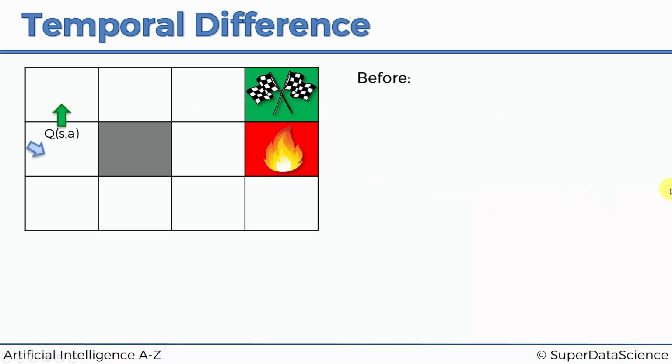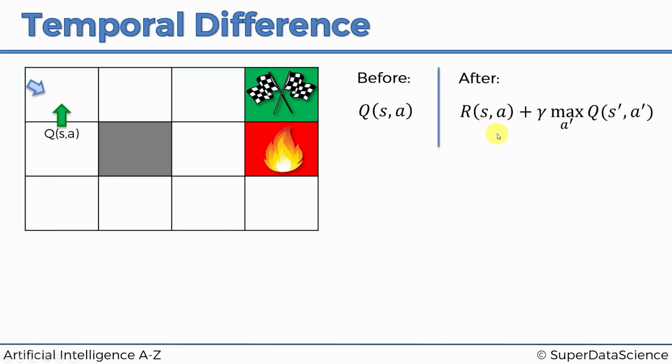So once again, before we knew a Q(S, A) value, something that we've calculated through our iterations previously. So a value that's stored in our memory, just like a number that we know. And now, after the action's been performed, we know what reward the agent actually got, and we can calculate this new value.